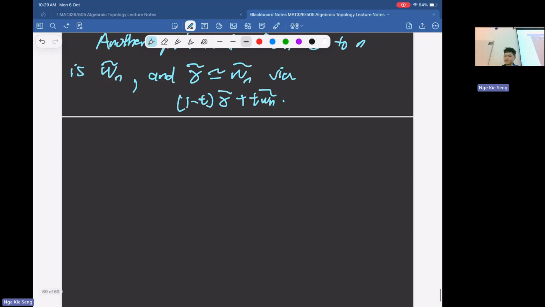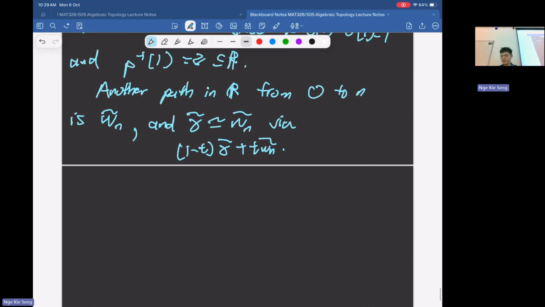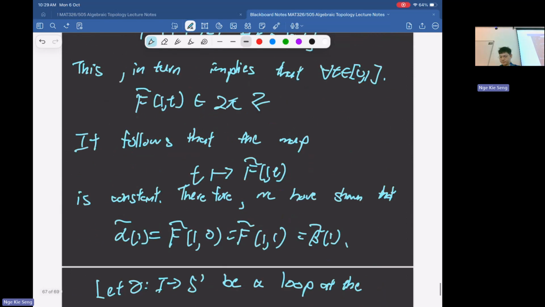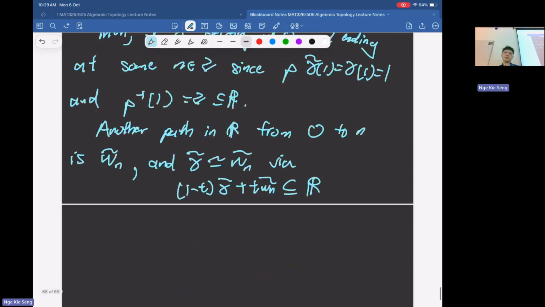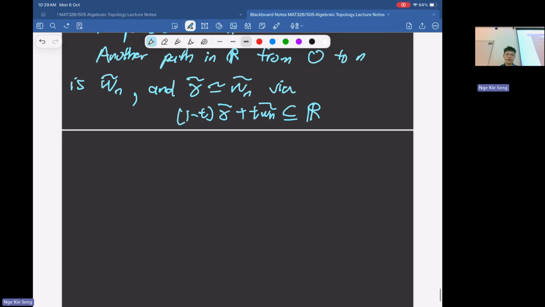Okay, but this lives in where? Where does this happen? This thing happens in R, but our homotopy needs to live inside x1. So what you can do is you can project it down.